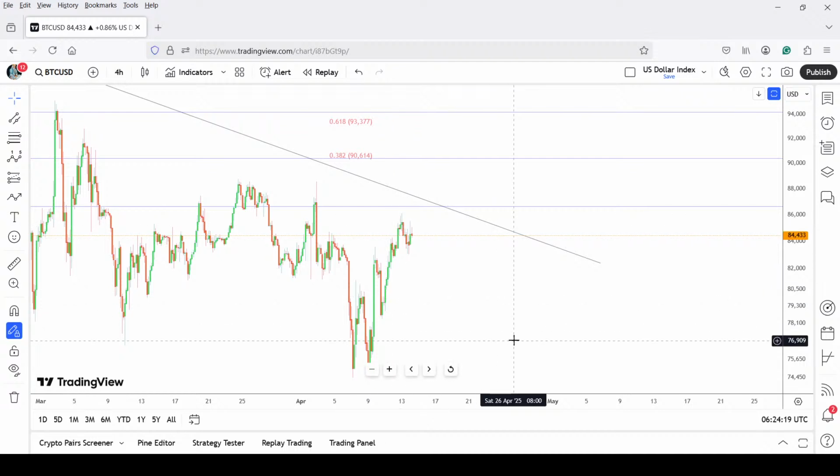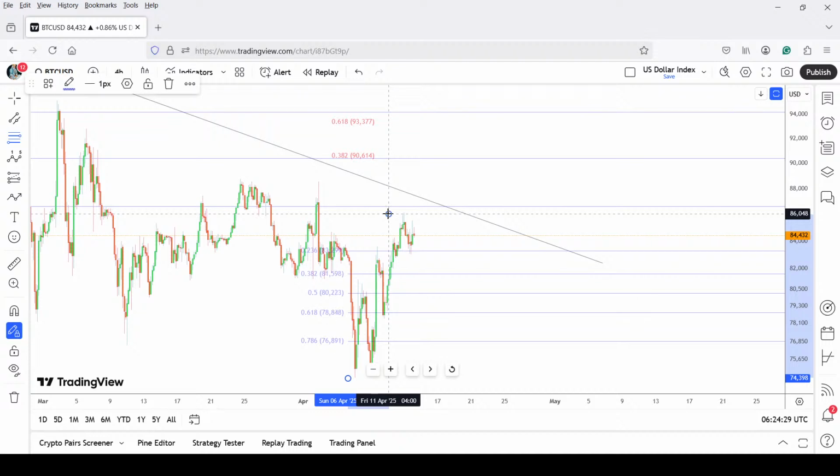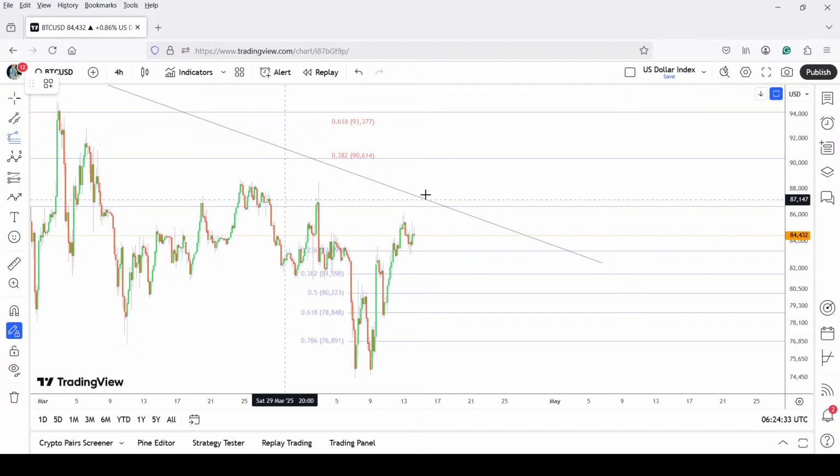So at least a five-wave structure is complete, which could give way to a three-wave corrective decline. And potentially the three-wave corrective decline could go and terminate around the 38.2% or 50%.